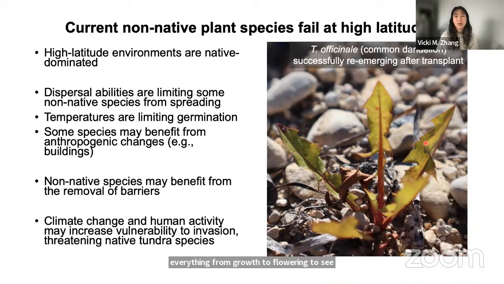So we know which ones are about to flower and about to produce seeds. And then when they are producing seeds, we collect them. The plan initially was to collect their seeds and look at seed count and fitness, but only 1, maybe 2 have produced flowers and seeds. And so we collected them, and we're just making sure that they're not blowing around.